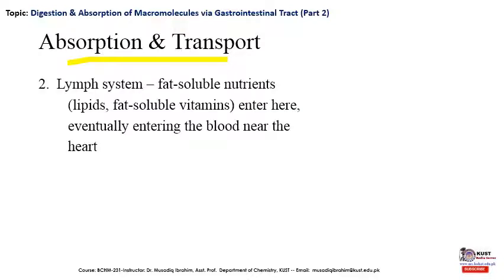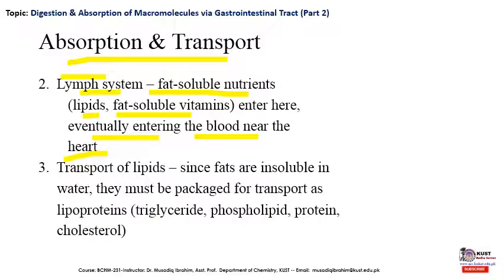Now, another of the absorbed nutrients, the fat soluble lipids and fat soluble vitamins, enter the lymphatic system and then into the blood, and also transport taking the absorbed nutrients.